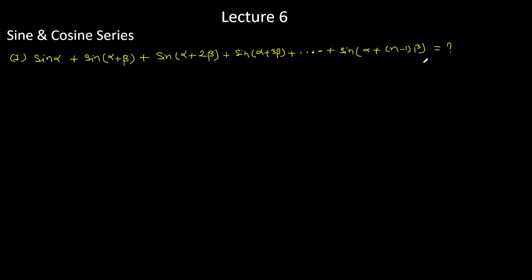For our understanding, we will first write it is going to be sine n beta by 2 divided by sine beta by 2 into sine alpha plus n minus 1 by 2 into beta.